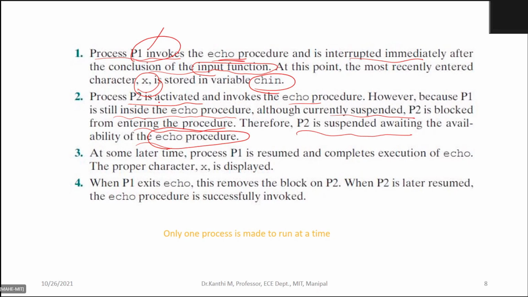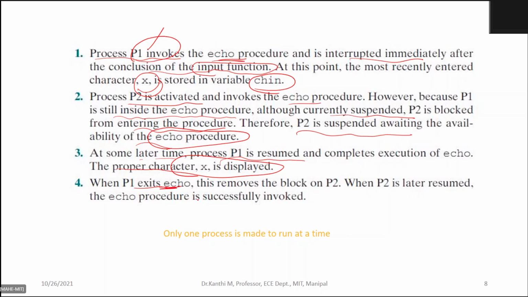You keep it suspended, waiting for availability. At a later time, process P1 resumes, completes execution and puts the original character. Now it exits echo. Whenever you exit echo, it removes the block on using the procedure. Then you can invoke it.